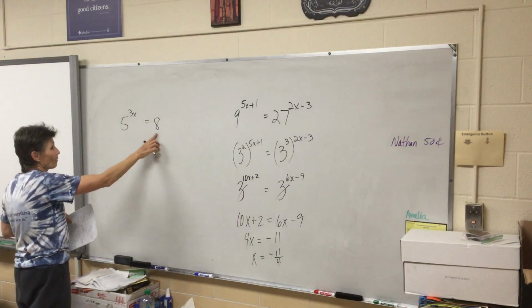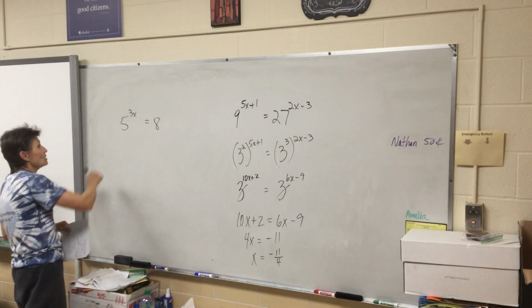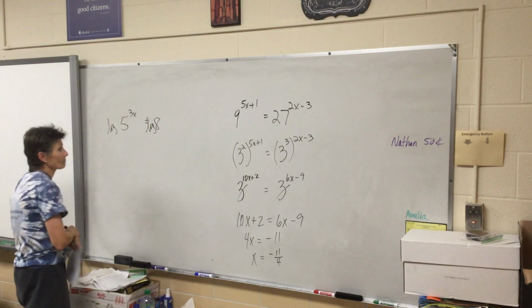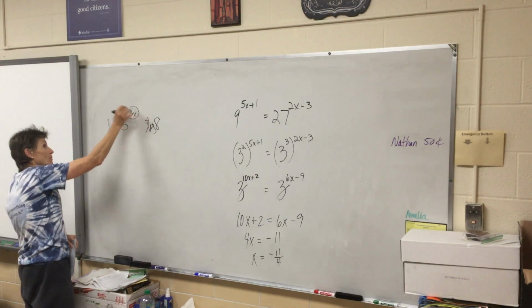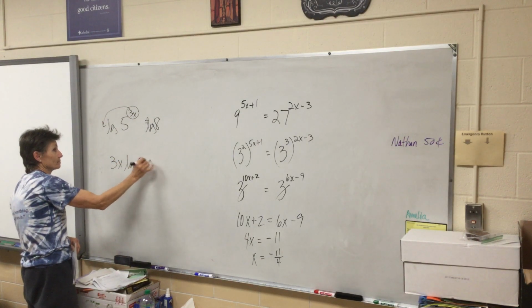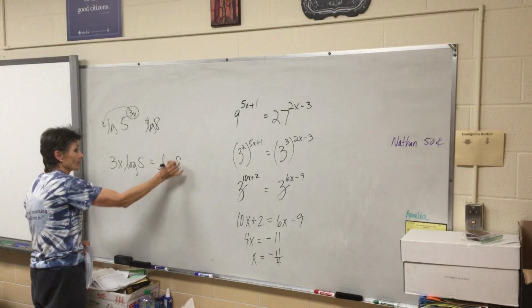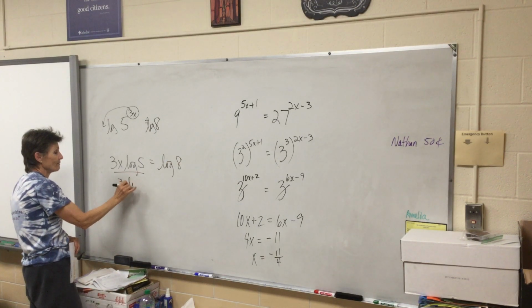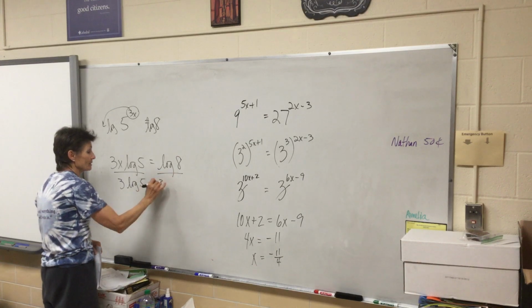You can't do that with 5 and 8. So you're going to take the logarithm of both sides. You're going to pull the exponent out in front. And then you're going to get x by itself, so you're going to divide by 3 log 5.